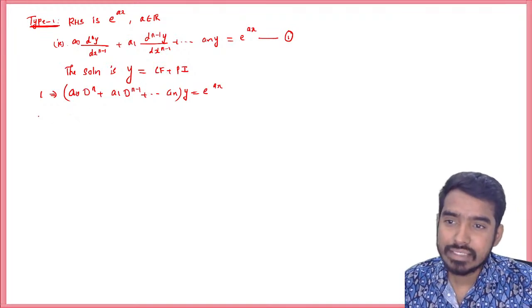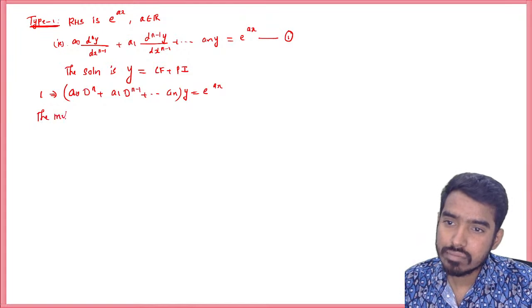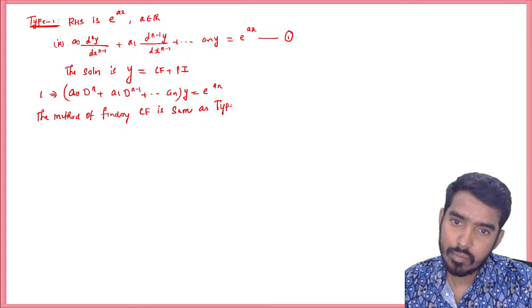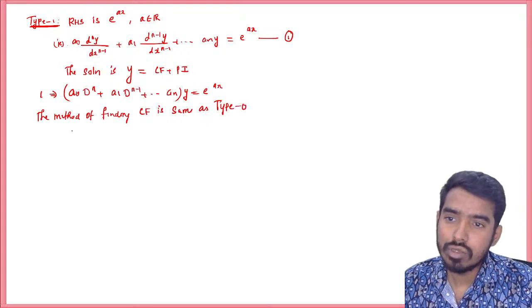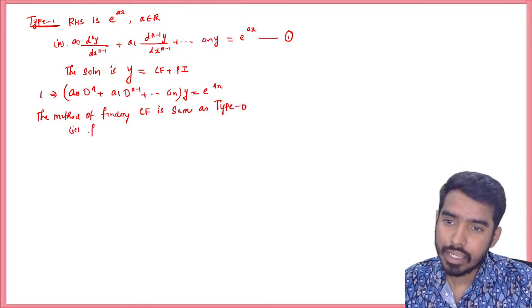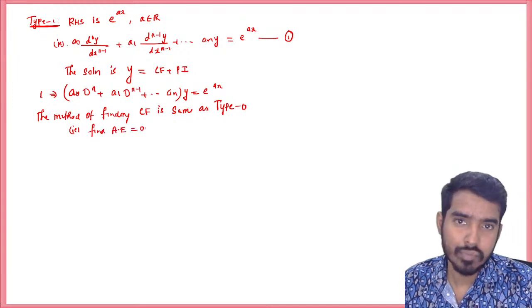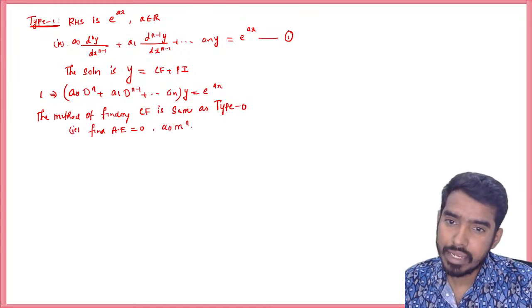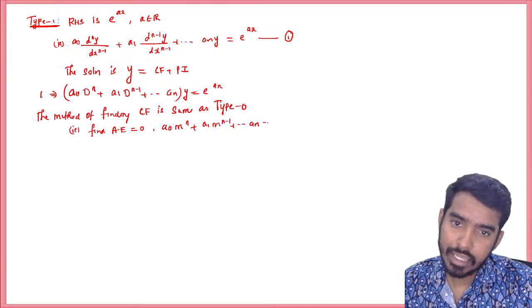The method of finding CF is the same as type 0. That is, find the auxiliary equation and equate it to 0. What is the auxiliary equation? It is a naught m power n plus a1 m power n minus 1 and so on up to an is equal to 0.